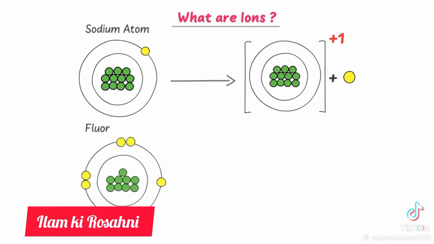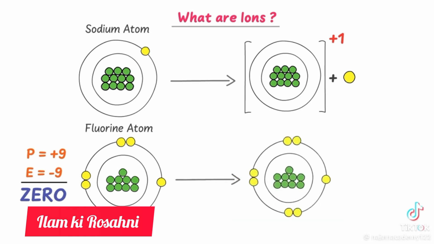Secondly, consider a fluorine atom. There are 9 protons and 9 electrons in a single atom of fluorine. We know that positive 9 and negative 9 cancel out each other and the net charge is 0 on the fluorine atom. Hence the fluorine atom is a neutral particle. Now consider that the fluorine atom gained the electron lost by the sodium atom.